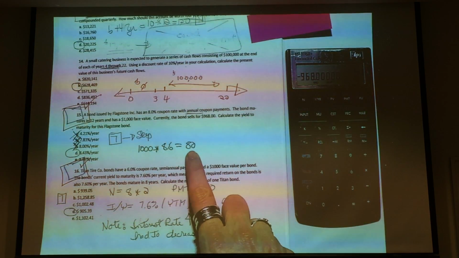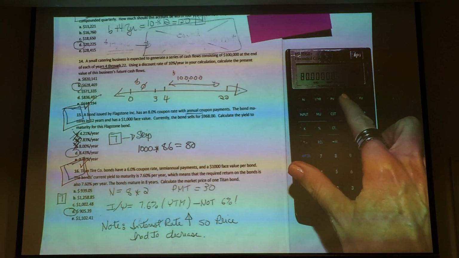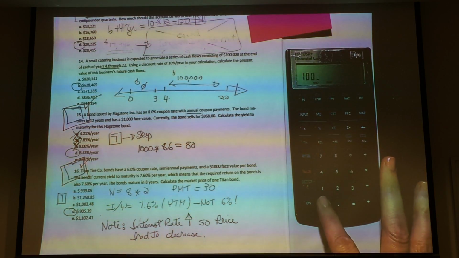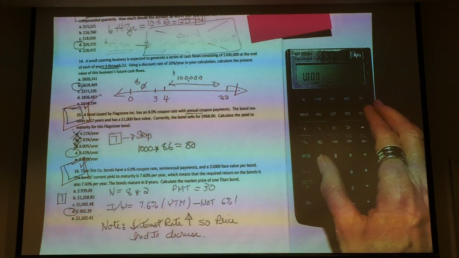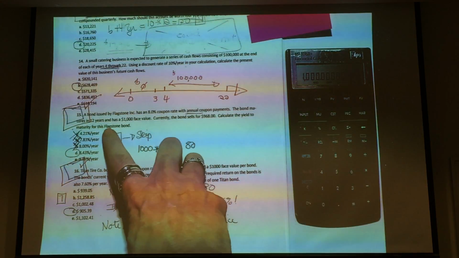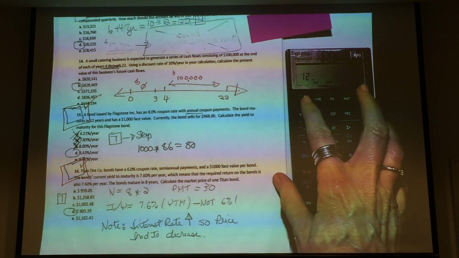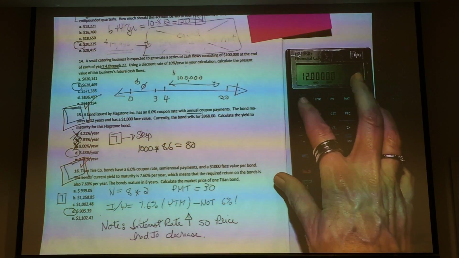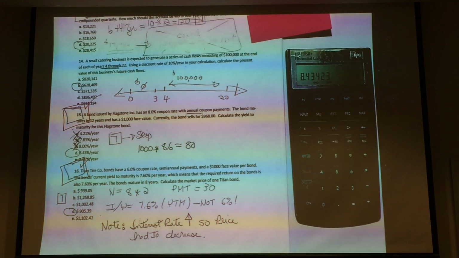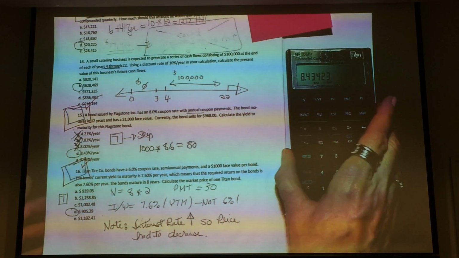My coupon is $80. That's my payment. I'm gonna get the face value back upon maturity. That's $1,000. I have 12 years remaining till the maturity. That's my N. I hit I. John, how's that? Perfect. Okay. Anybody else? Thank you.